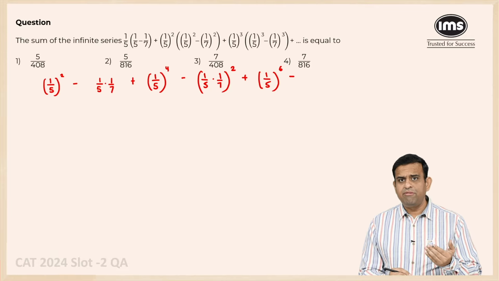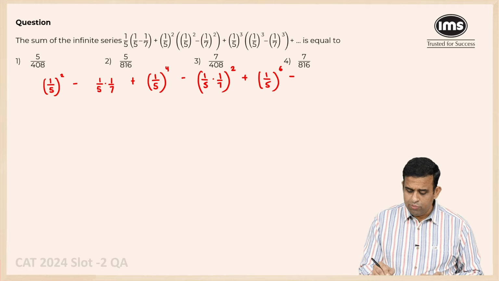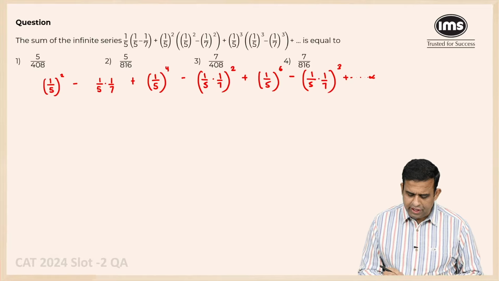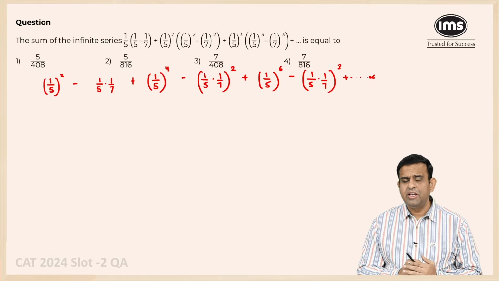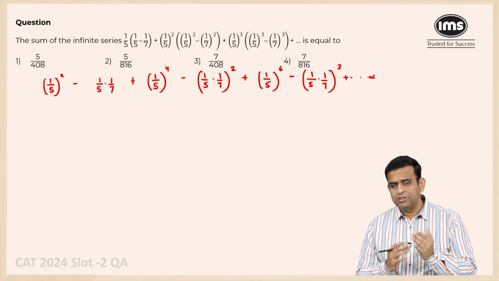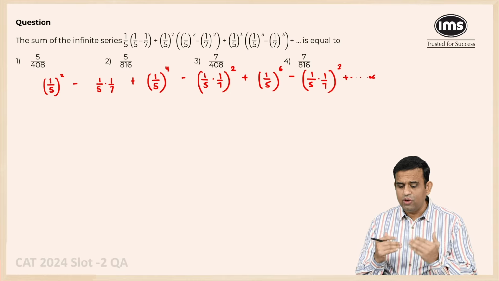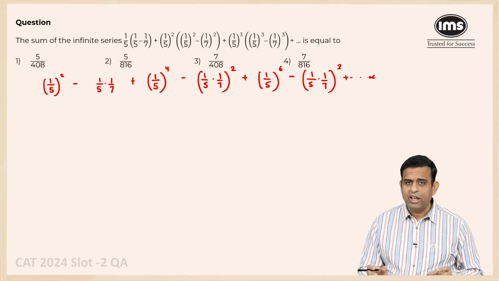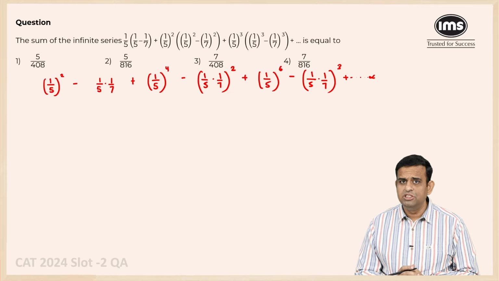minus 1 by 5 cube into 1 by 7 cube, which is nothing but 1 by 5 into 1 by 7 whole cube. And this thing will continue up to infinity. So there is no doubt in saying the fourth term must be equal to 1 by 5 raised to 8 minus 1 by 5 into 1 by 7 whole raised to 4. At this point I can see two different kinds of GPs.